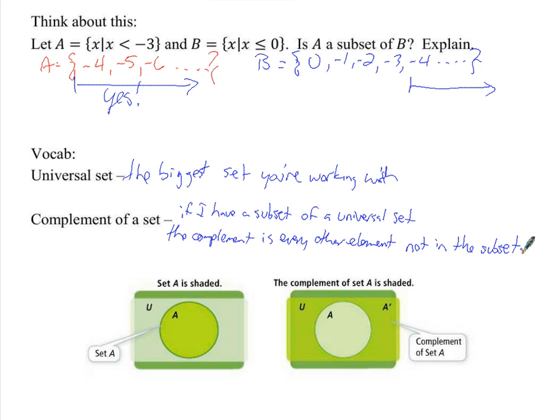So what they're trying to show here is this. You have the universal set here. This whole diagram right here is the universal set. Then you have the subset A. So whatever these elements are right here, that's your subset. So then the complement of the set is everything else. This stuff right here, that's the complement. They're calling it A prime.